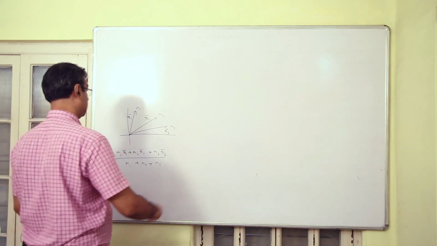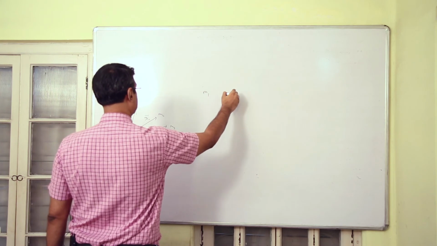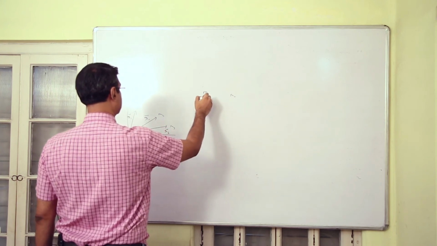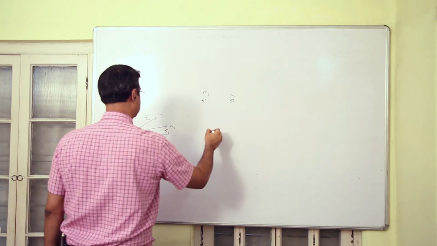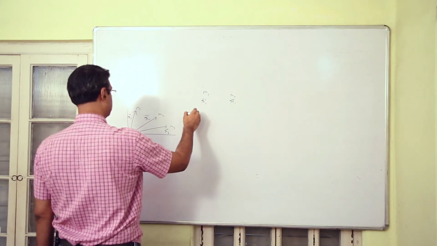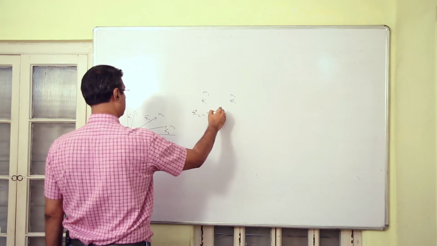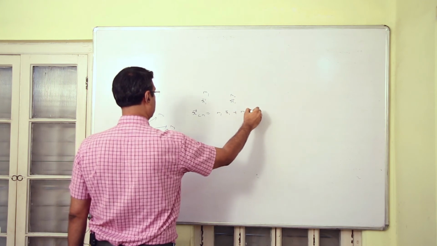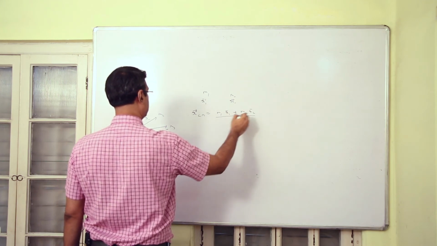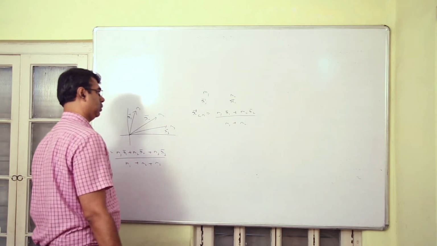Now, for simplicity, let us say that there are two masses and their position vectors are r1 and r2. So RCM will be m1 r1 plus m2 r2 by m1 plus m2.